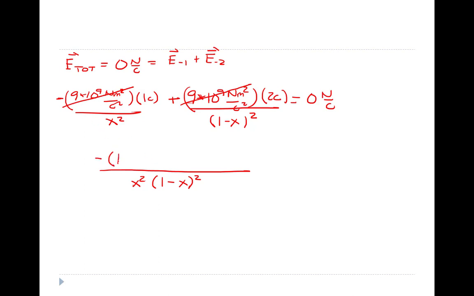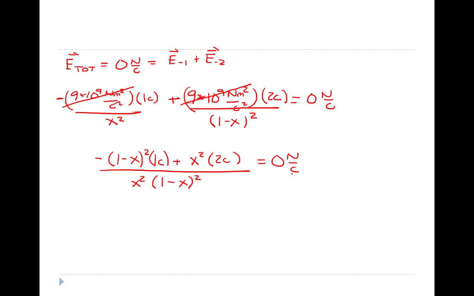So I have minus (1 minus x) squared times 1 coulomb, plus, on this side, I need to multiply by the other part of my common denominator, so that would be x squared times 2 coulombs, and that still has to equal 0 newtons per coulomb.